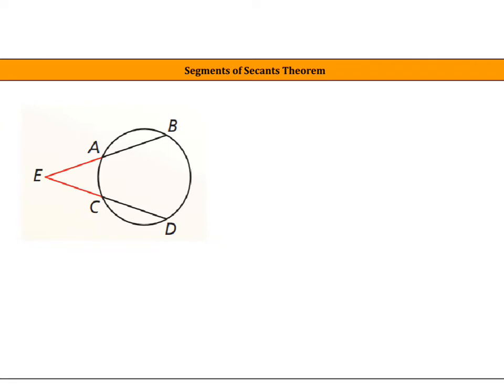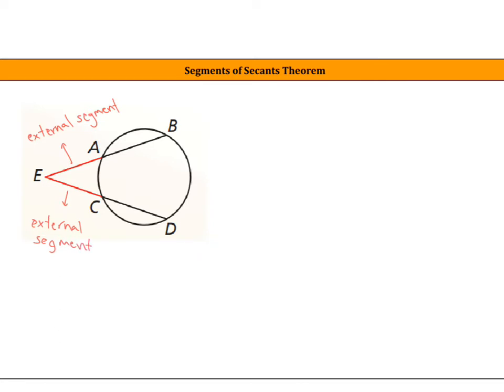Now, here's what the theorem says. It says that if you take the external segments of the secants, so segment EA is an external segment of secant AB, and segment EC is also an external segment of secant ED.